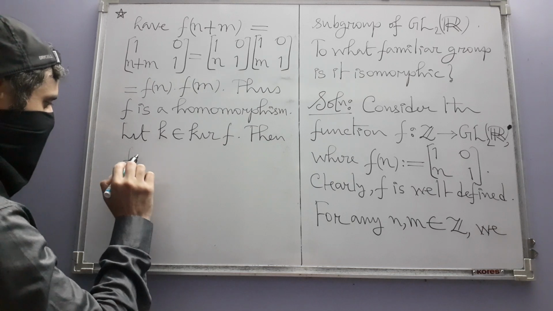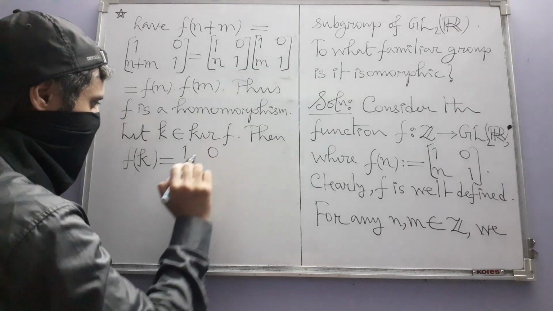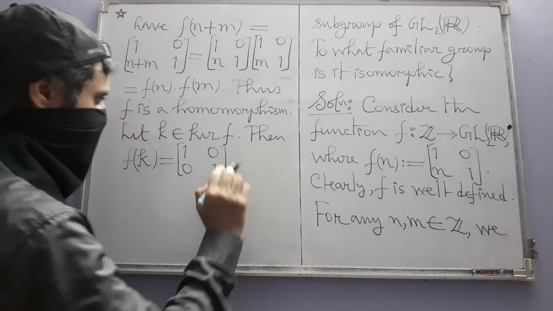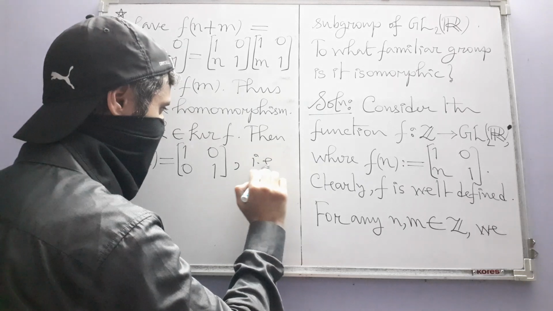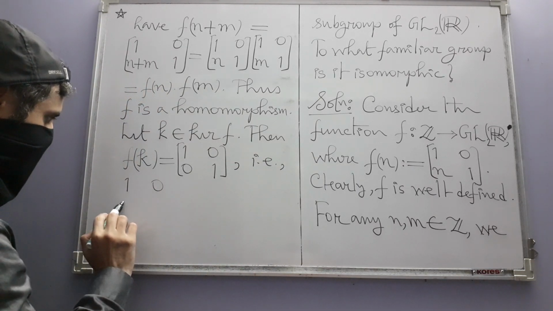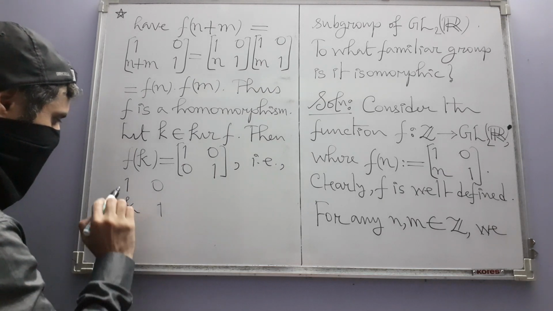Then f of k is this. But we know what f of k is from the definition of f. We have this.